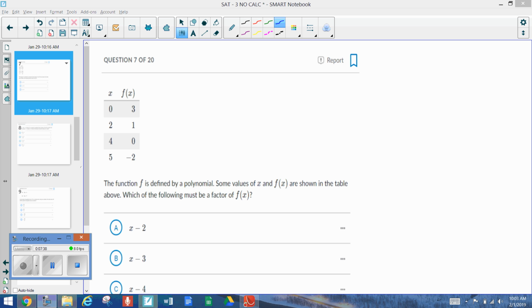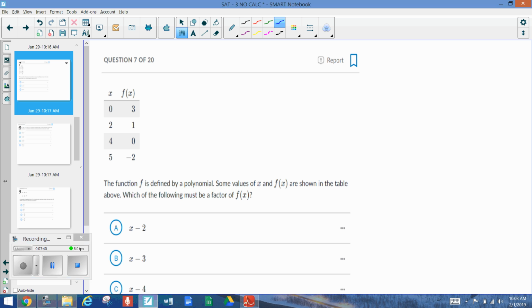So let's make a table. If there's a table, it makes it more clear. F of x equals y, is that right? So x is equal to, in the first one, x equals 0 here. When I do that, f of x is equal to 3. So let's do the same for the second one. X equals 2.